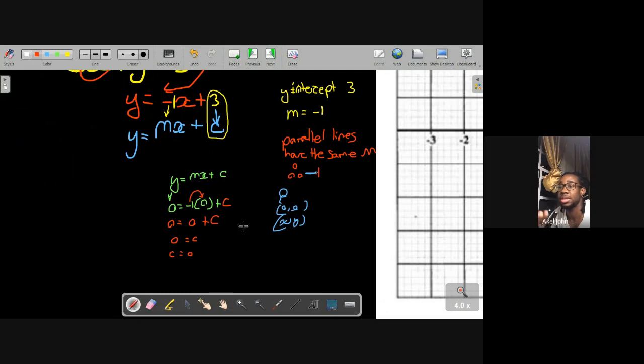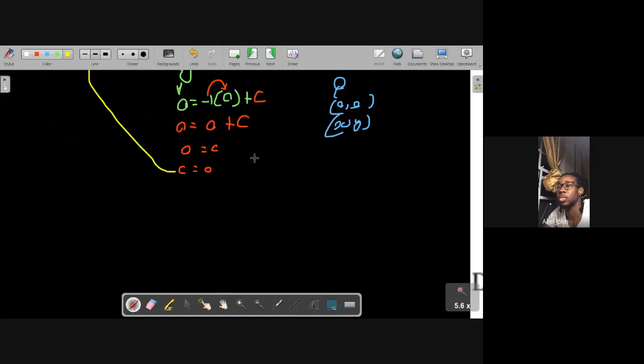Now we're substituting the c back into the formula, back into this formula right here. y is equal to mx plus c, and this time c is 0, x is x, and m, what we found for the gradient, was negative 1, and y is y.